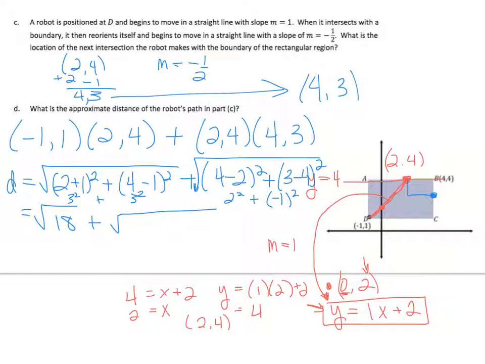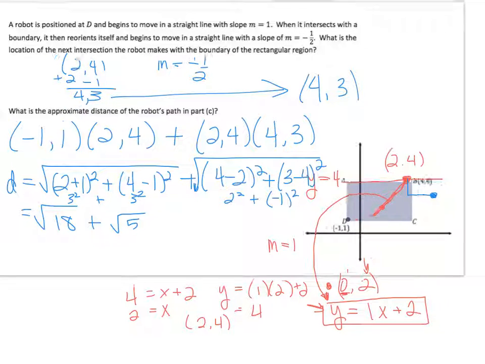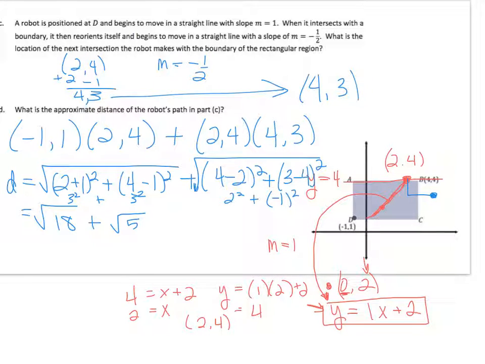So 4 plus 1 is 5. Oops. So crunch the numbers. Square root of 18 plus the square root of 5 is 6.47. We'll say about 6.5 is the distance of that.